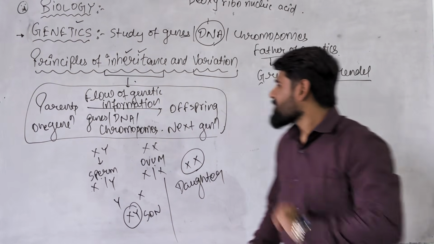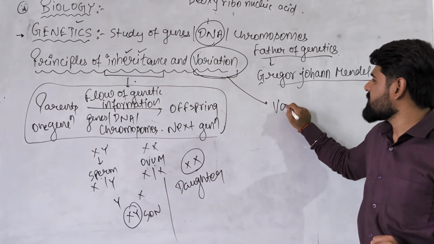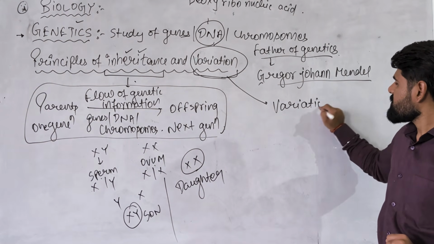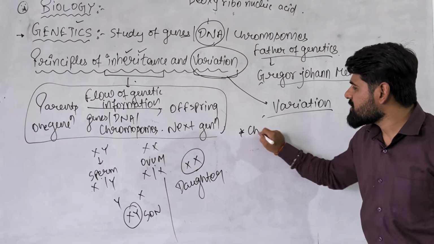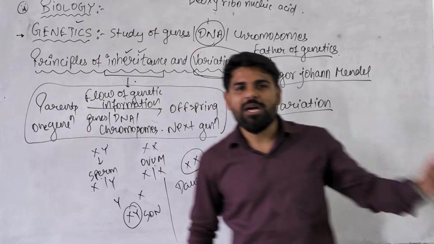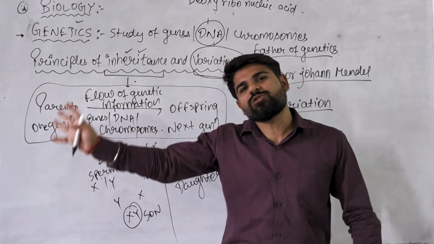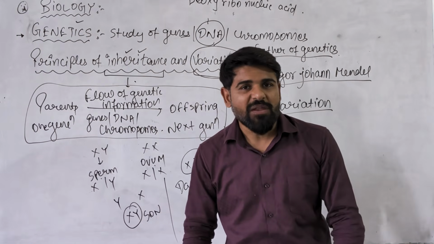Now, after inheritance, there is another term, which is variation. What is the meaning of variation? Variation means changes. It does not happen that the child is exactly the same as the parents. In asexual reproduction we say there is a clone and a similar kind of offspring is produced.